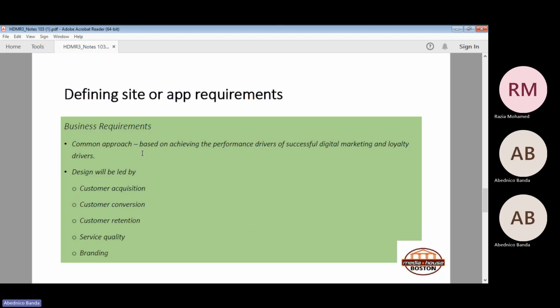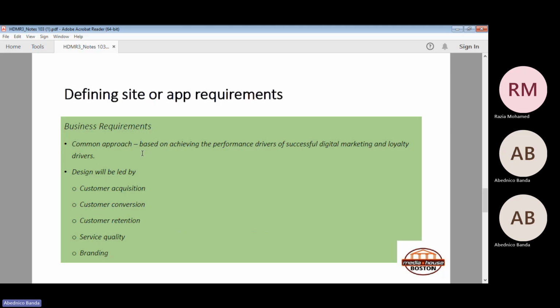So the website needs to deliver customer conversion. Takealot uses this model. They know that there are millions of people coming to their site. That's customer acquisition. And they know that out of those millions, there is a portion who will add something to their basket and proceed to checkout. It won't be the same number. Some just come there and go, but at least they know that you exist.